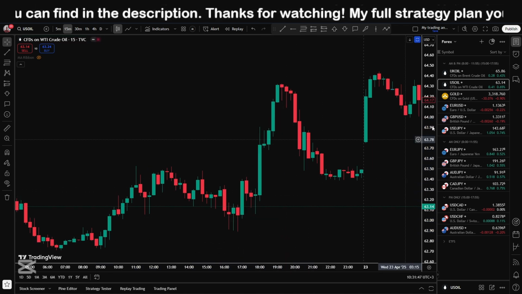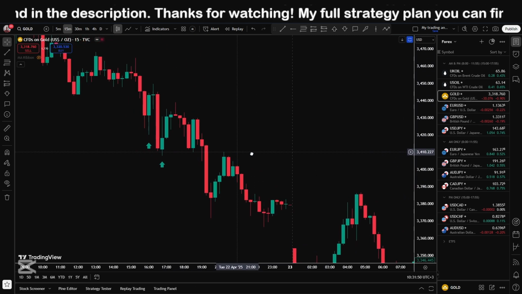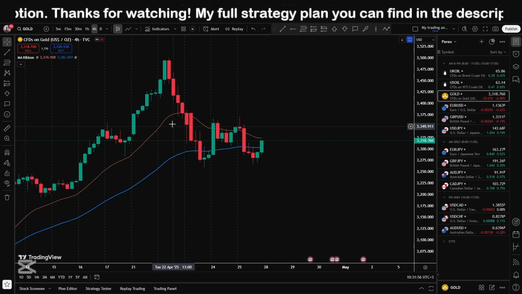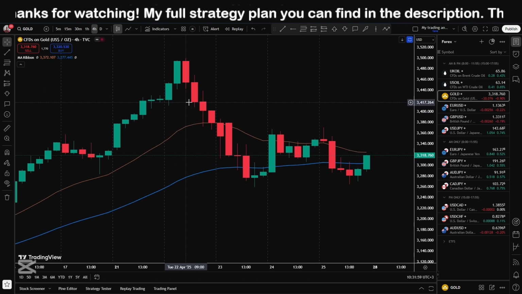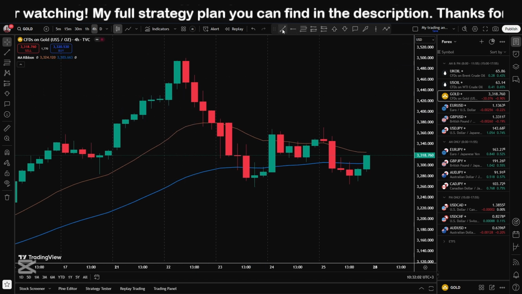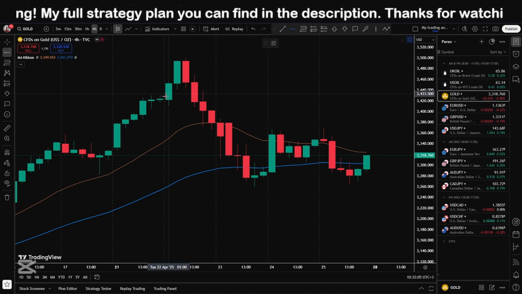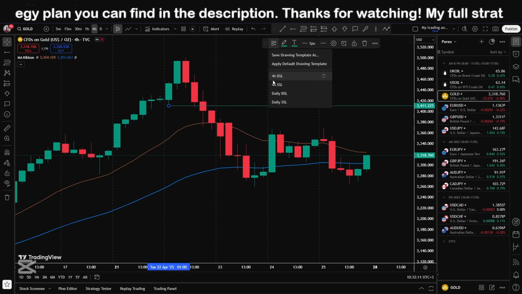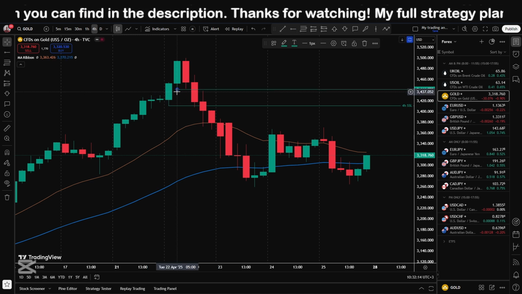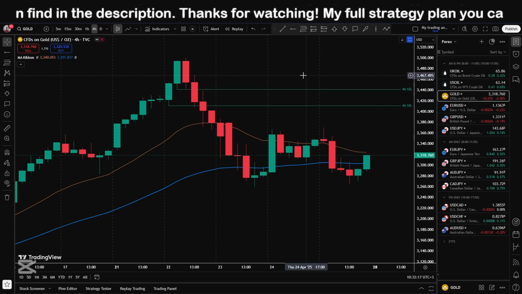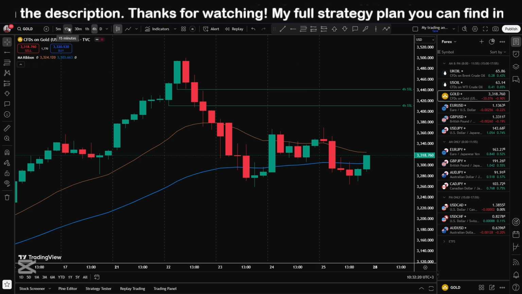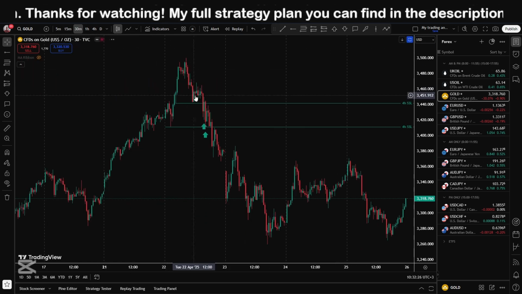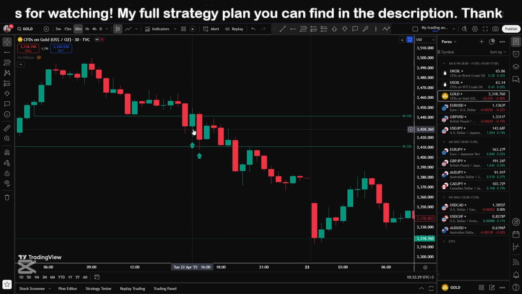Okay, the next two trades are from gold, again from Tuesday. This is Tuesday. For these two trades, I used the sell side liquidity from the 1 o'clock 4-hour bar and the 5 o'clock 4-hour bar. Let's move to the 30-minute time frame for the first gold trade right here.